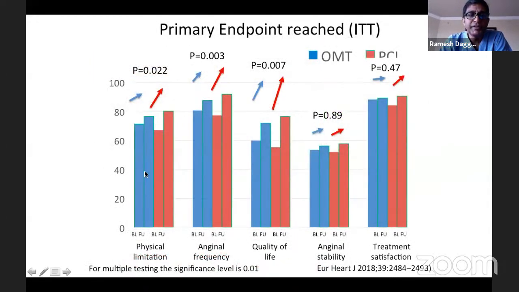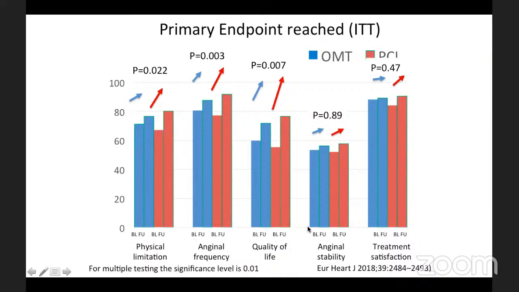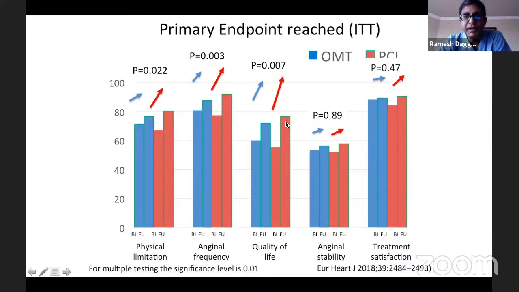So what you can see here is that compared to baseline and follow-up, the physical limitation, anginal frequency, and quality of life have all increased, with the PCI arm in red. So everything is much better, and the size of the difference is seen in the length of the arrows here.